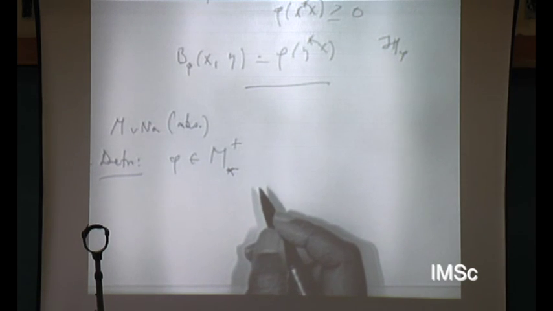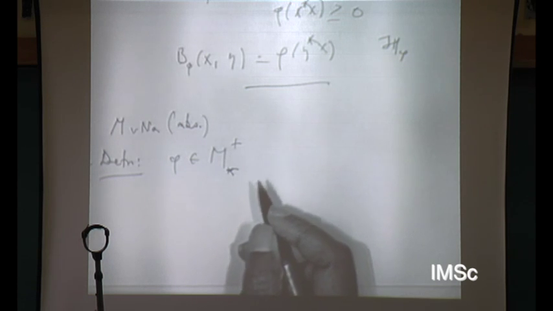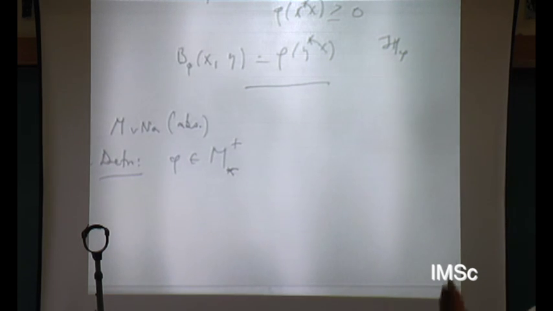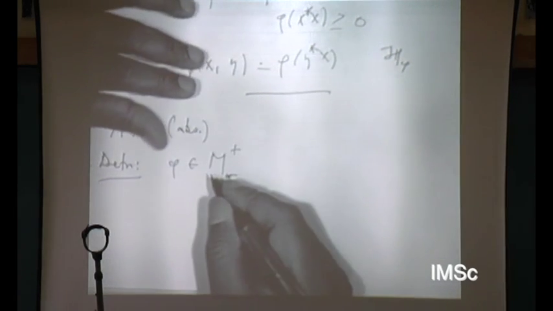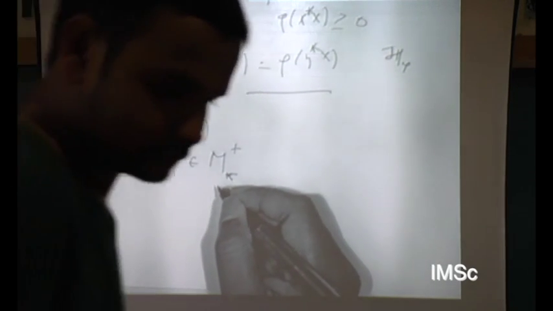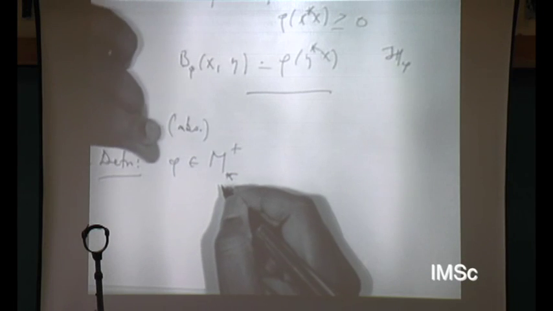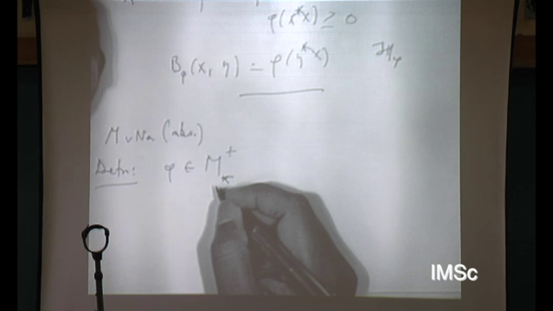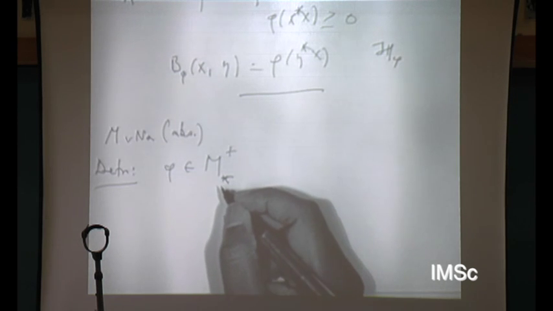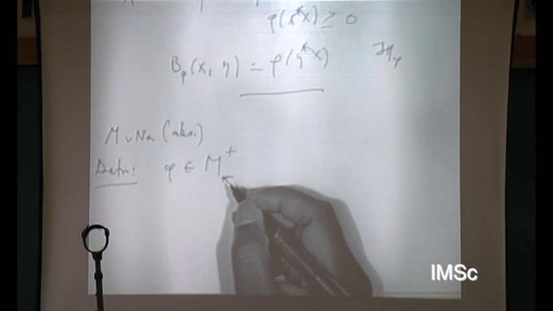Then you can think of that as a linear functional acting on M. That M lower star embeds into M upper star by the canonical inclusion of X into X double star. So M lower star acts as functionals on M, so I can talk about functionals on M which are positive. That is, they send positive elements to positive numbers.